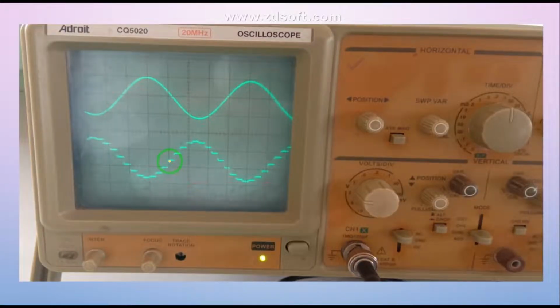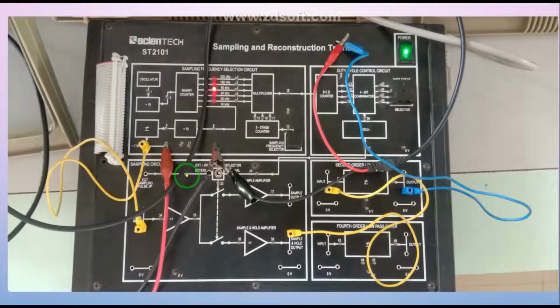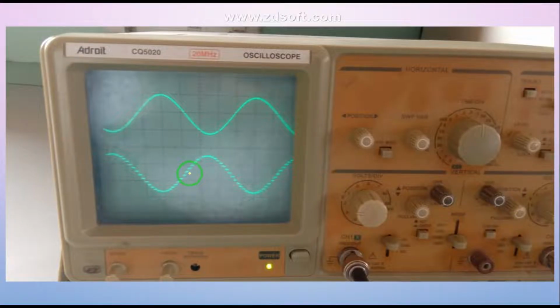Now if I increase to 180 kilohertz or 160 kilohertz, see the number of samples increases, and the top of the pulse is flat, so that noise cannot easily be added to the top of these pulses, as we already studied. And when 320 kilohertz or 160 kilohertz is applied, see how it resembles the original signal.